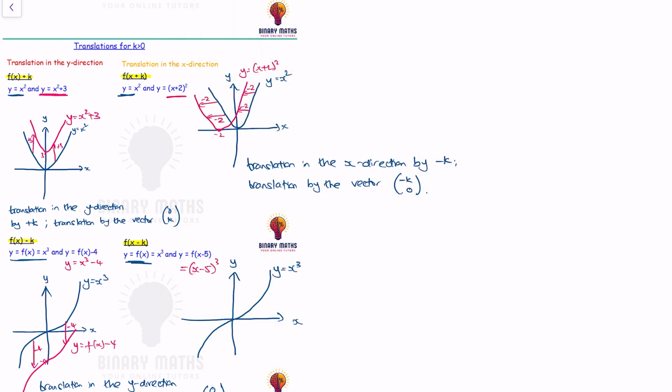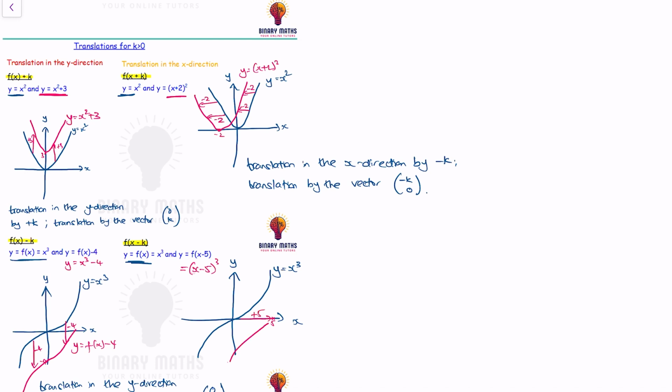Now, if you think about this one, because it's x minus 5 all cubed, when x is 5, it's going to go through 0. 5 minus 5 cubed is just 0. So that means at 5, it's going to go through the x-axis. Which means even though it's x minus 5, it's actually moved in the positive x direction by 5.